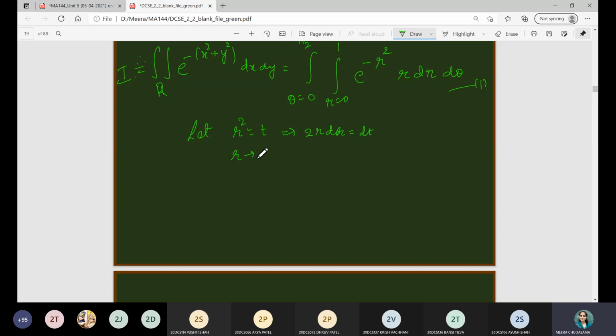When r is tending to 0, t will also be tending to 0, and when r is tending to 1, t will also be tending to 1. So therefore I is equal to, the integration limit of theta will remain the same, but now this will be in terms of t, which is 0 to 1, e raised to minus t, and r dr is dt by 2. So 1 by 2 I will take common.